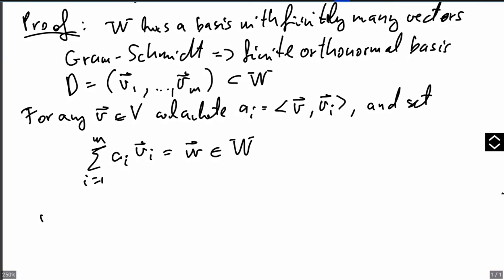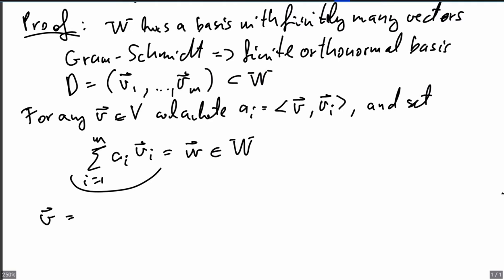Then we use a trick we used before, that we recreate the vector v using this part. This is not necessarily the whole v, although this representation looks like the orthogonal vector representation that we used in the previous section. But note that D is not necessarily a basis of the whole space, it's only the basis of the W subspace.